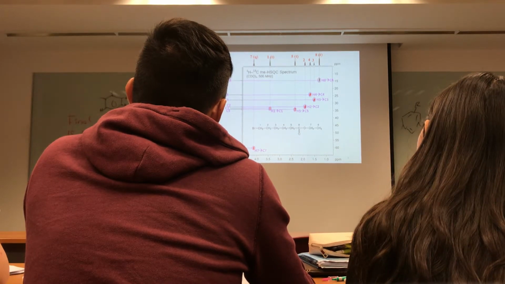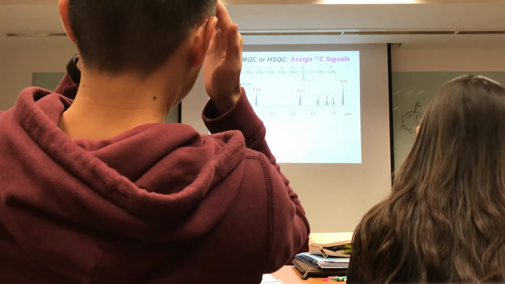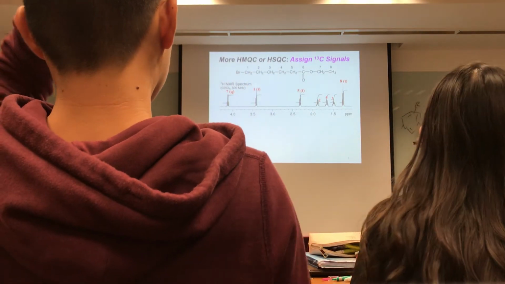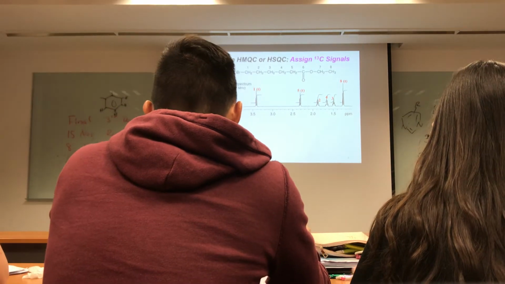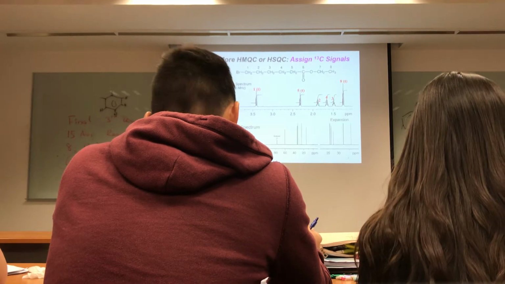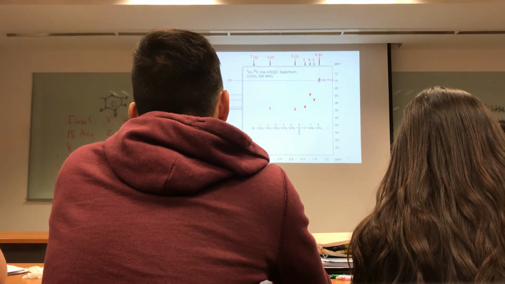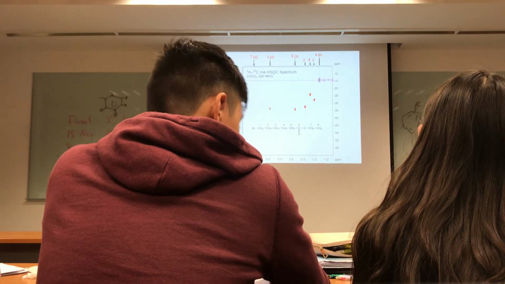Now we can see by integration. You see here? With the integration, you can clearly tell this is 2 protons, 2, 2, 2, 2, 2 protons. This is 3 protons, right?